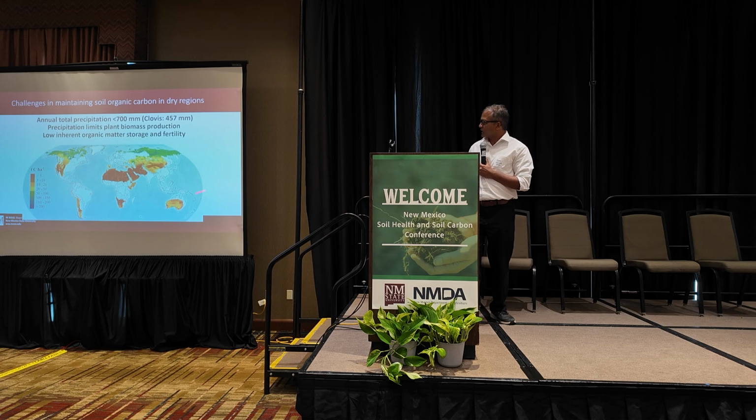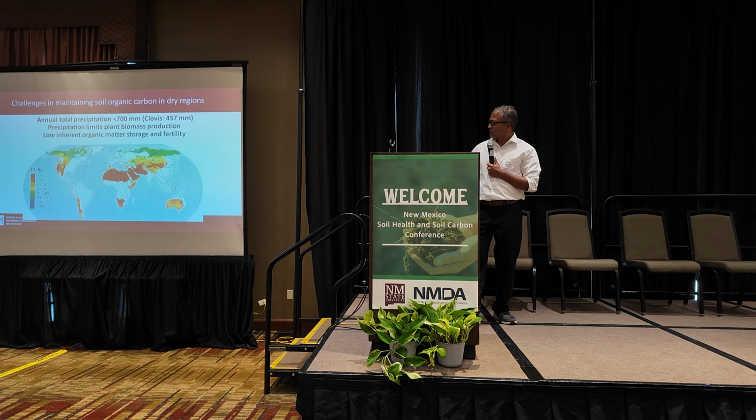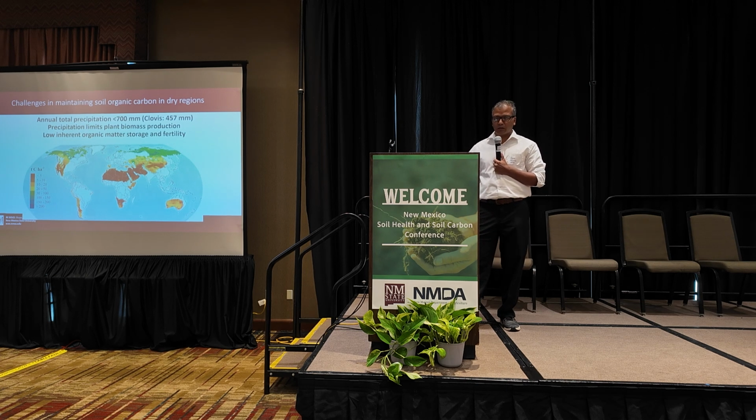This is the soil organic matter map for arid and semi-arid regions, where we get less than 25 inches of precipitation. Looking at the map, half of the world has less than 700 millimeters of precipitation, arid or semi-arid ecosystems. Looking at organic matter storage on these systems, specifically the Western United States, where we are, we have less than 50 ton carbon or 25 ton carbon per acre in our system.